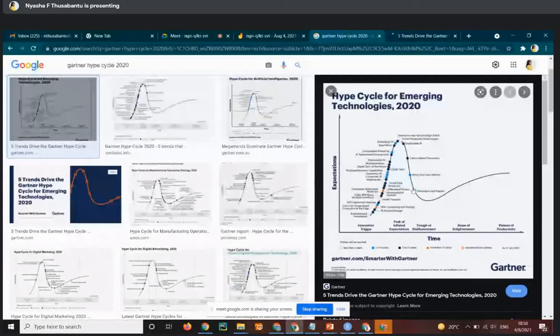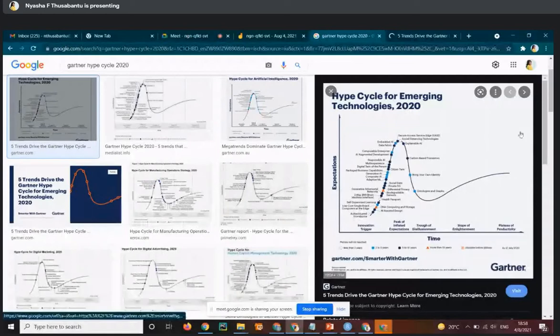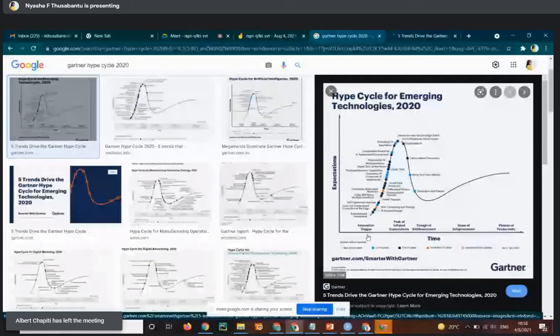Now, if you see this Gartner hype cycle of emerging technologies, there are the innovation triggers, then the peak of inflated expectations, then the trough of disillusionment, slope of enlightenment, and plateau of productivity. In the innovation trigger, it's like people who started adopting blockchain technology. Those are like the innovation triggers.